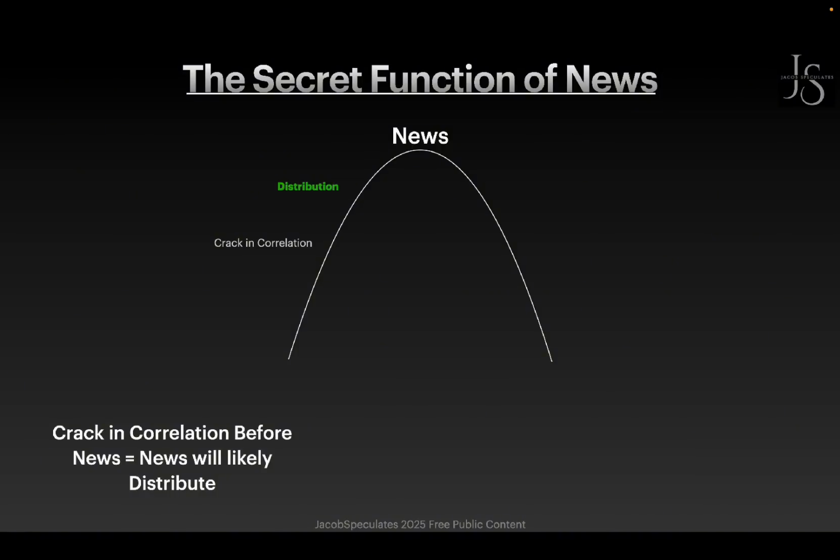This is more so a rare instance. This doesn't happen as much as what we're about to look at, but this still is a possibility. If you have a clear-cut crack in correlation before news, then news typically poses as distribution. And again, you'll commonly see this with CPI and FOMC.